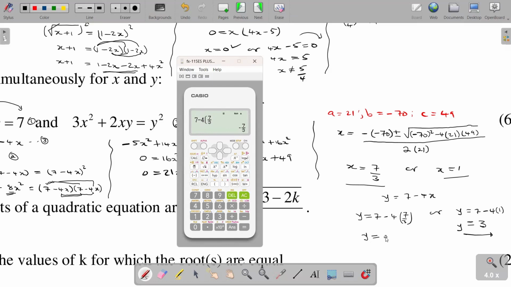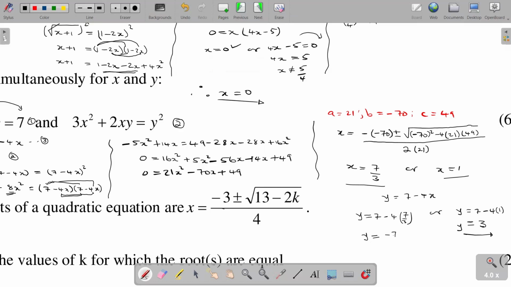It's minus 7 over 3. So these are the corresponding values of our Y. Then we move on to the next equation.